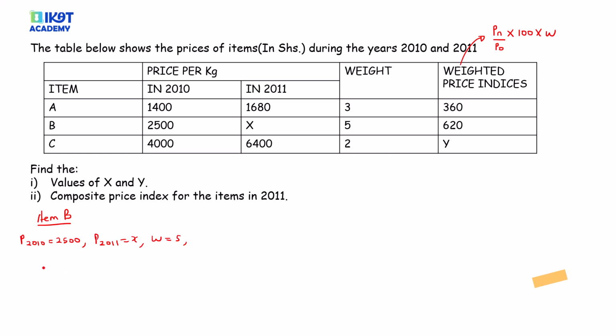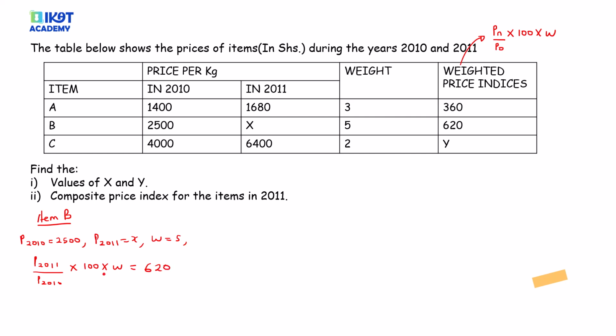Instead of this, let's just quote the formula. The weighted price index is the price in 2011 out of the price in 2010 times 100 times the weight. This gives us the value we have here for B, which is 620.